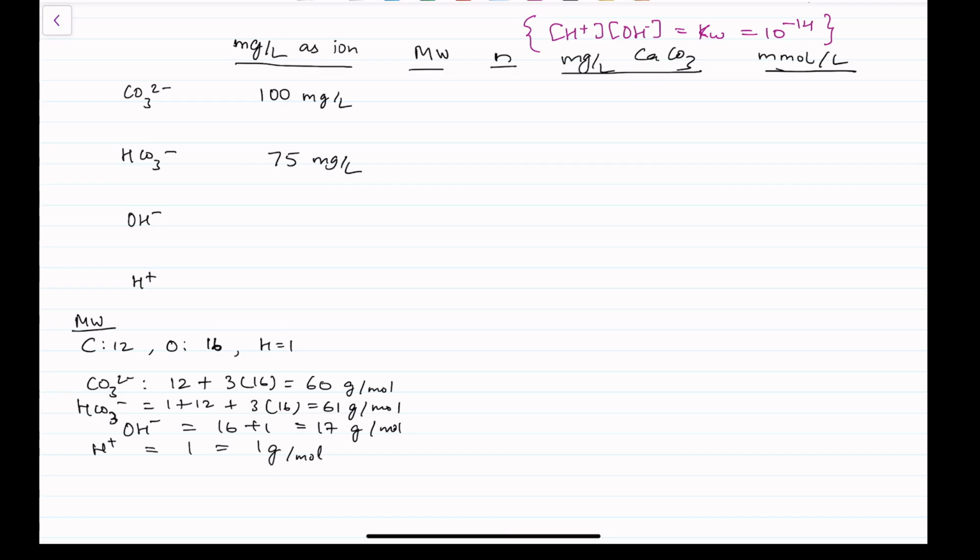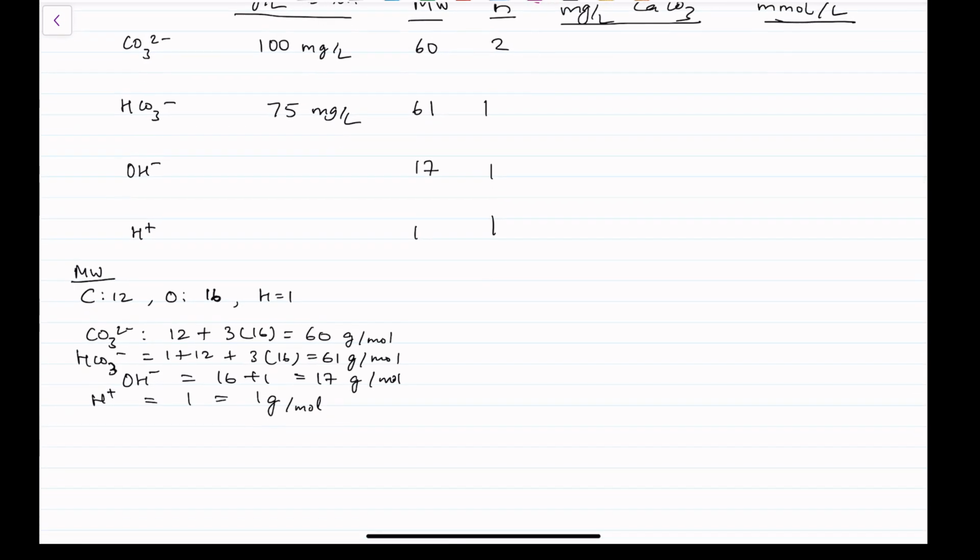So we can just write these down. This is 60, 61, 17, 1. The n is 2, 1, 1. That's the charge on the ions. So milligram per liter CaCO₃. Just recall, now how do we calculate?